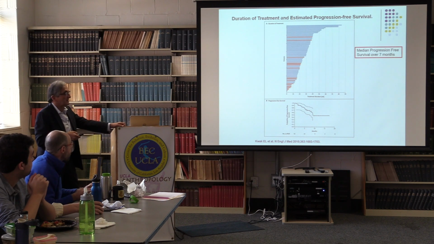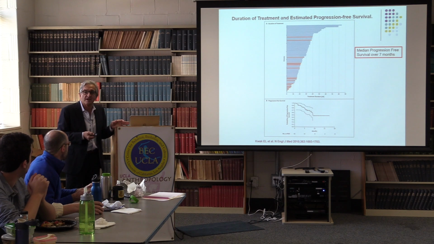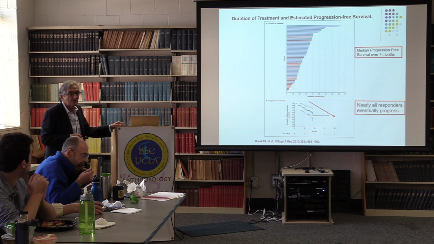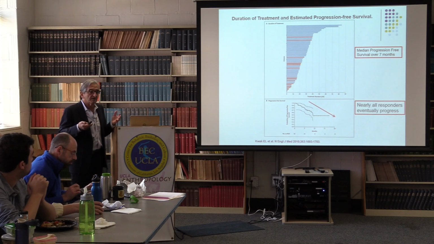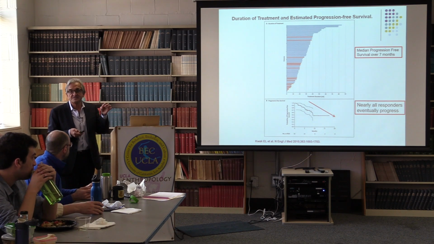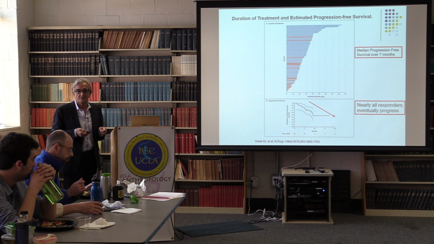The result was that you could control the disease for about 7 months on average. That's what this shows here. This is the time course and how long the patients responded before they progressed. And what was found, unfortunately, after that great optimism, was that nearly every patient that responded eventually progressed. They grew through it. Why?